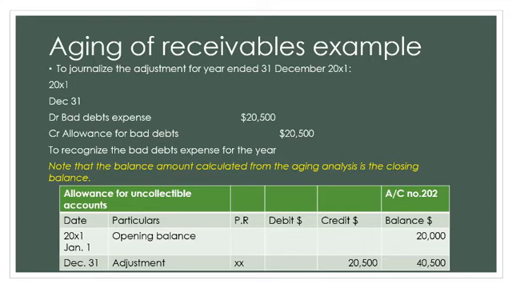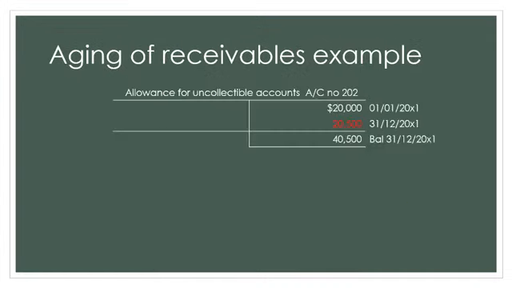So if we have an opening balance of $20,000 and the closing balance of allowance for uncollectible accounts has to be $40,500, we have to determine how much we need to add to reach $40,500. In this case, $20,500. So that is the entry or the adjustment. If you're using the T account, it will be like this.